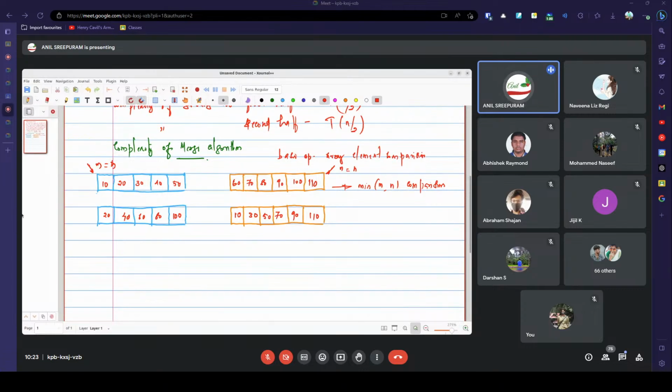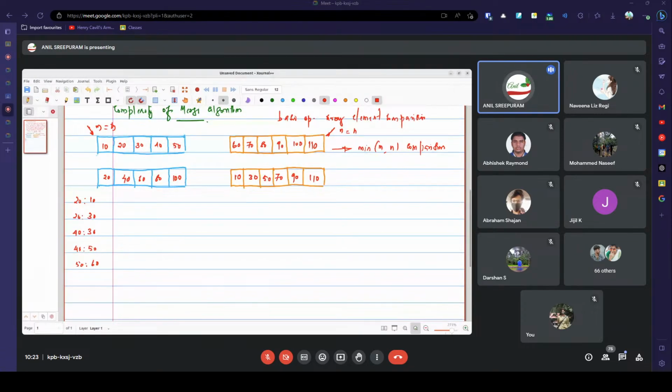So here let us count the number of comparisons. 20 versus 10. Now 20 versus 30. Now 40 versus 30. Now 40 versus 50. Now 50 versus 60. Now 60 versus 70.